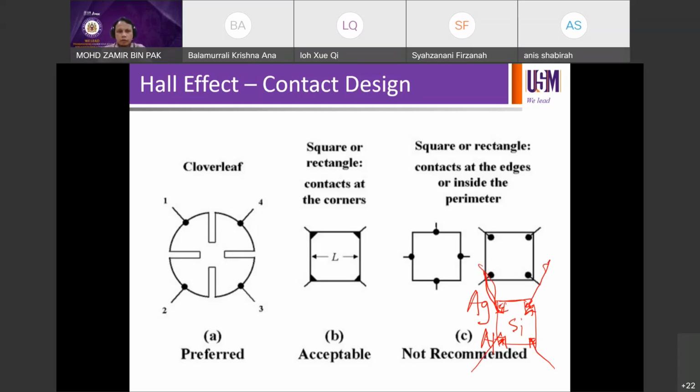So these are the contact designs. If your contact is not like that, then it will not be giving you accurate results. It will still measure the properties of the sample, but it will not give you accurate results, so you may not get the results expected. Okay.